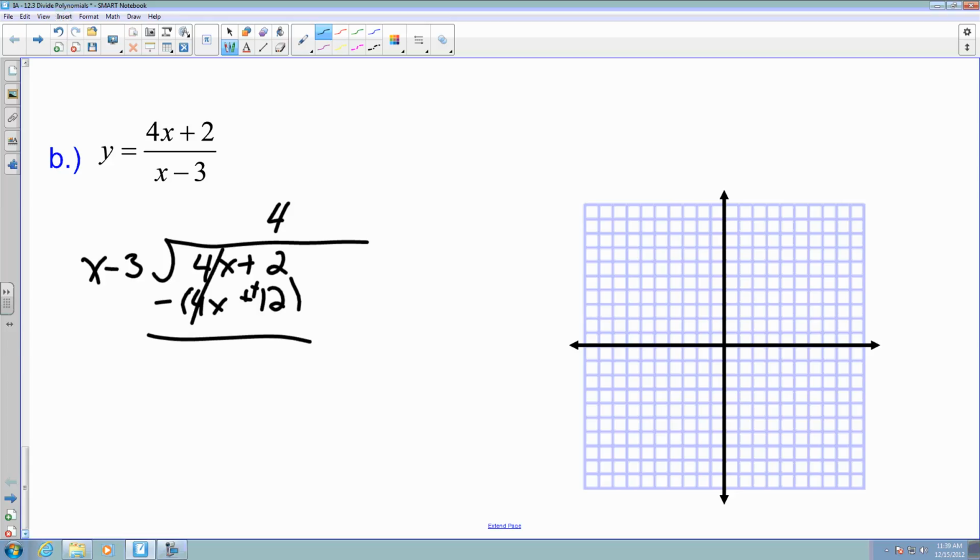And this cancels, and 2 plus 12 is 14. So my answer would be 4 plus 14 divided by x minus 3, or y equals 14 over x minus 3 plus 4.